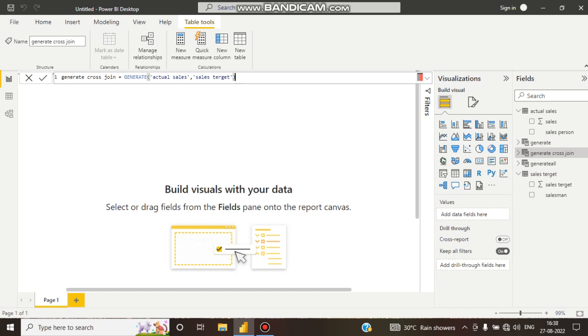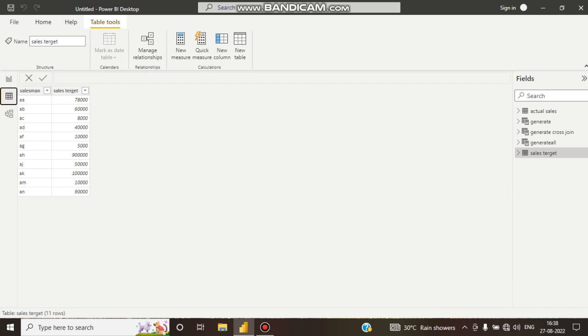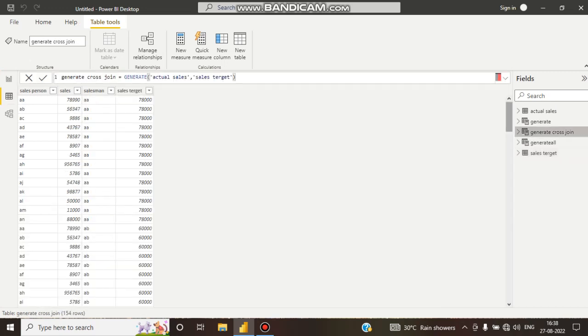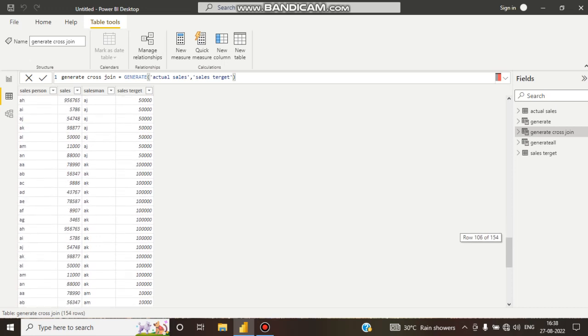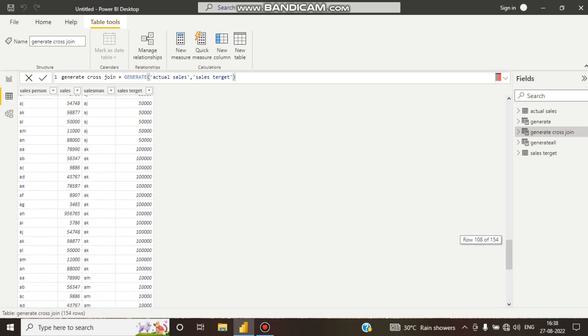This is our first table, Actual Sales, and this is the second table, Sales Target, and I have created a GENERATE function with them. If I run it, you can see every row of the first table is joined with every row of the second table. It is a cross join. The GENERATE function does the cross join.